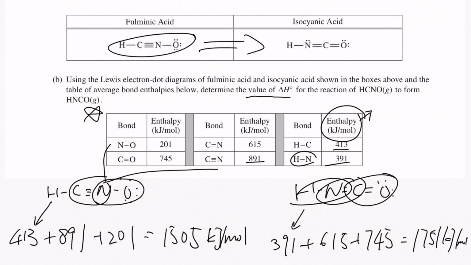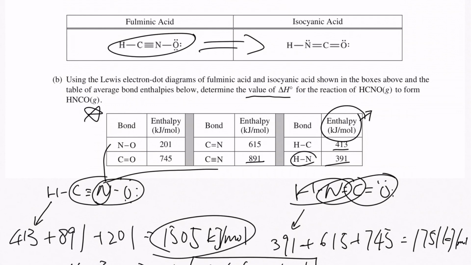So the enthalpy for HCNO is positive and the other one is negative. So it's 1505 minus 1751, so it's negative 246 kilojoule per mole. And this is the answer.